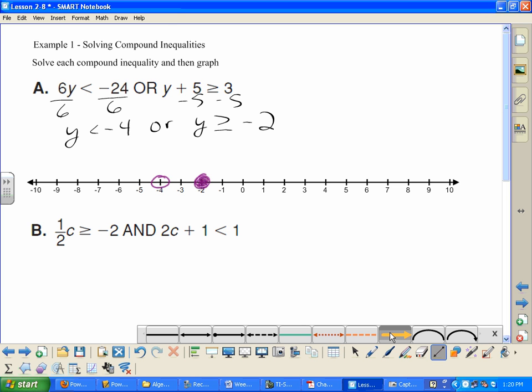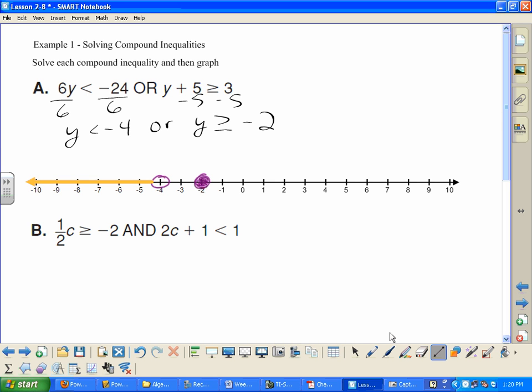And then our graph at -4 is going to go to the left, and at -2 is going to go to the right. Okay. And because this is then a disjunction, because of the or, that means we have two separate pieces, as we do here.